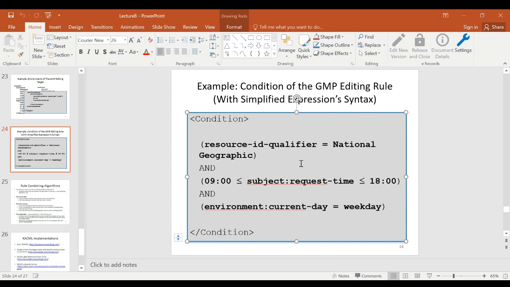So in this particular example, we have, in fact, three checks that we need to make, and we are connecting all those checks with the AND operator. So we're saying that for this whole condition to be true, all of these sub-expressions have to also be true.